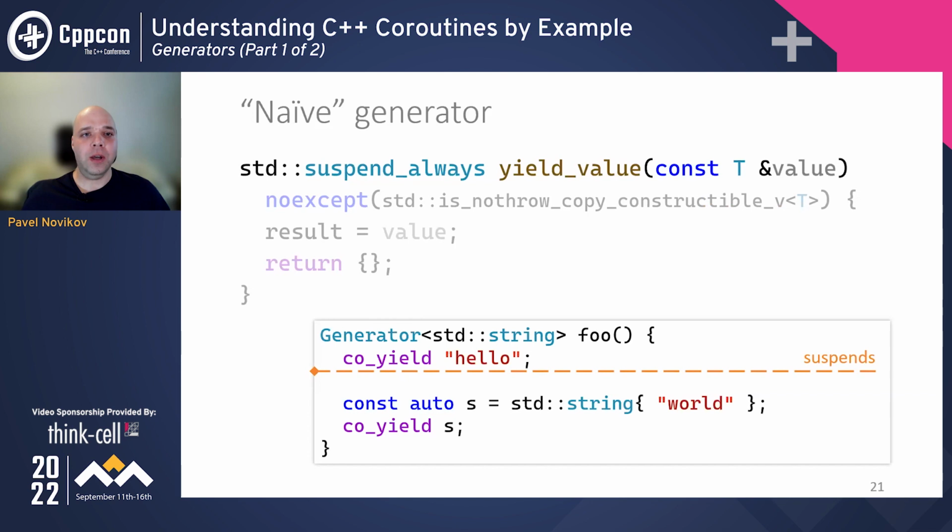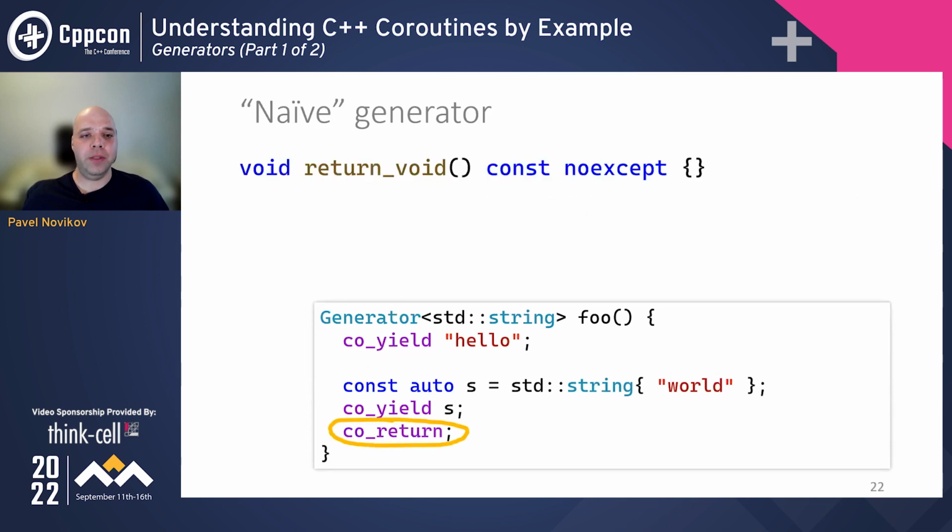So again, in this case, we return the suspend always awaitable from yield value to indicate that we always want this coroutine to suspend at points where we yield values.